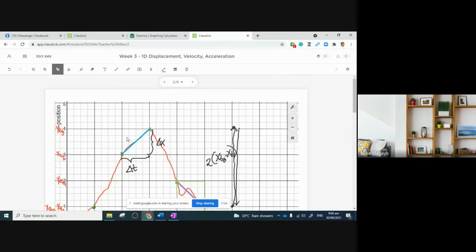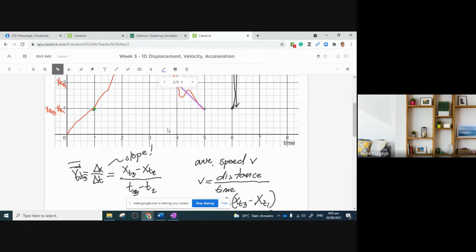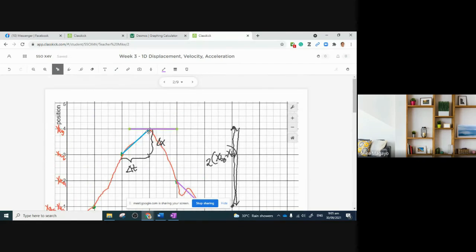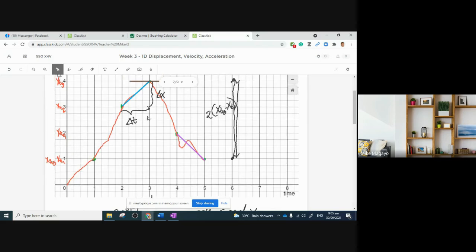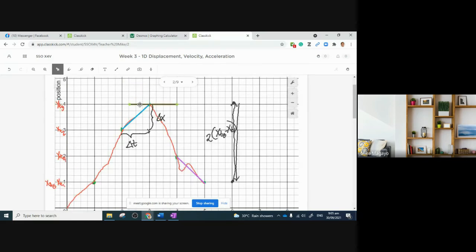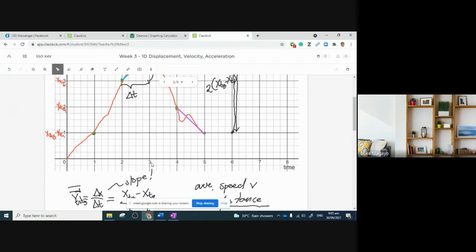Now, how about the velocity of the person at this particular time? There, at time t3. At time t3, that's the line here. Okay, this line. What do you think is the velocity of the person at exactly t3? Is it a positive velocity? Is it a negative velocity? Or 0?